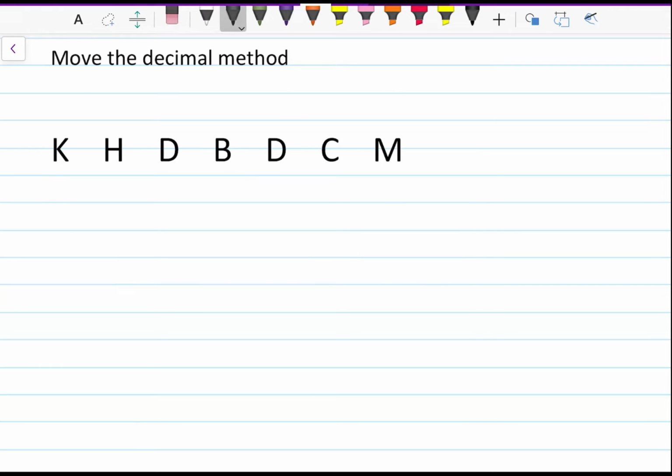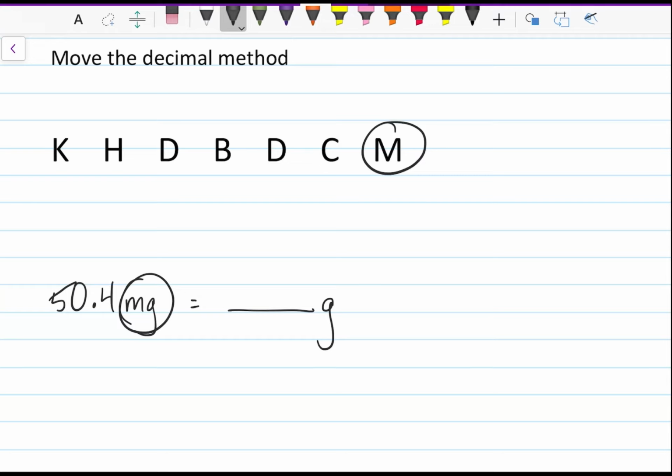KHDBDCM. Here's how this works. We're going to do a conversion, and we want to convert 50.4 milligrams to grams. The first thing you're going to do, so step one, is find this. Milligrams, milli, is here. So this is where we are starting. The next thing we want to do is find where we're ending. You're going to notice there's no G on here, there's no grams.